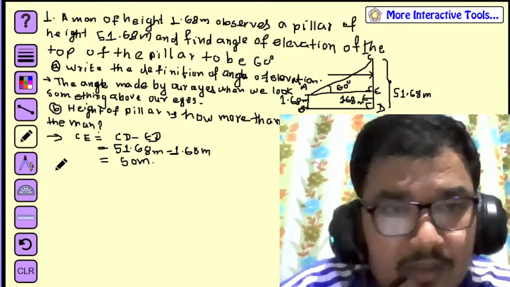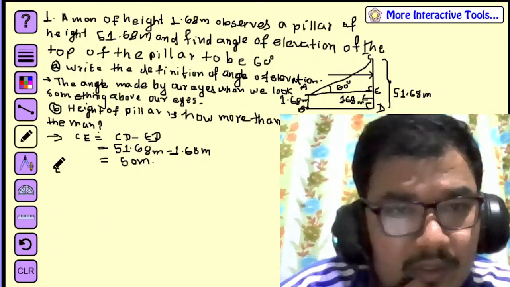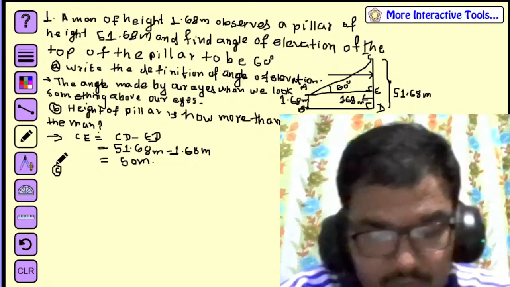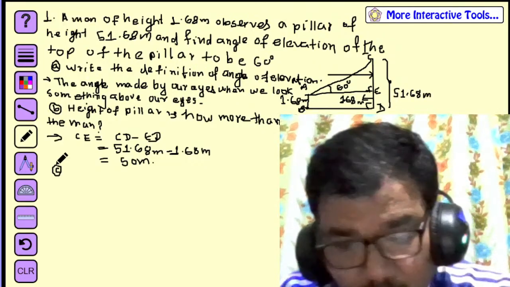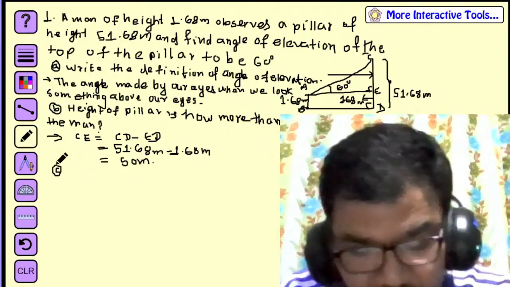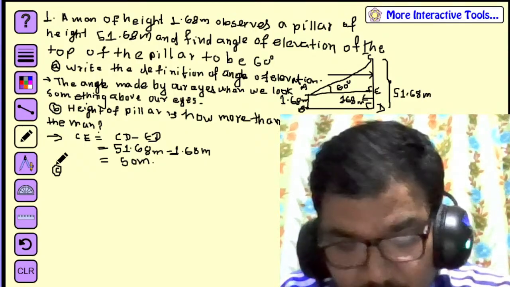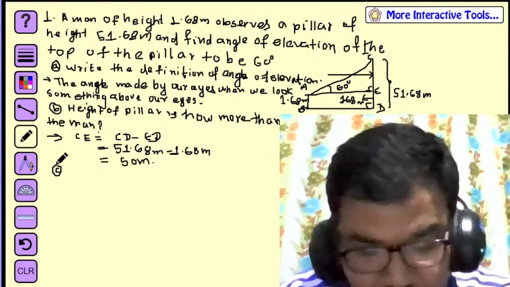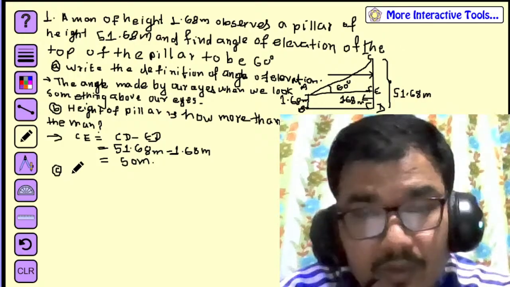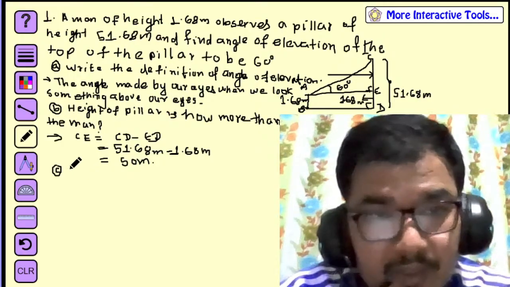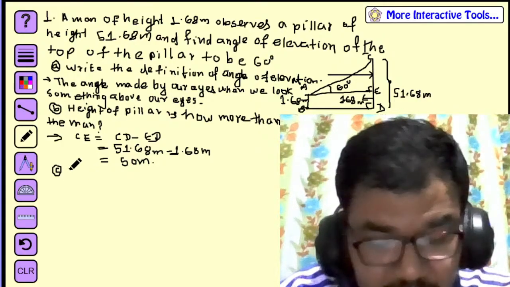Now look here, C number. What is to be found here? The distance between the man and the pillar. What is the distance?